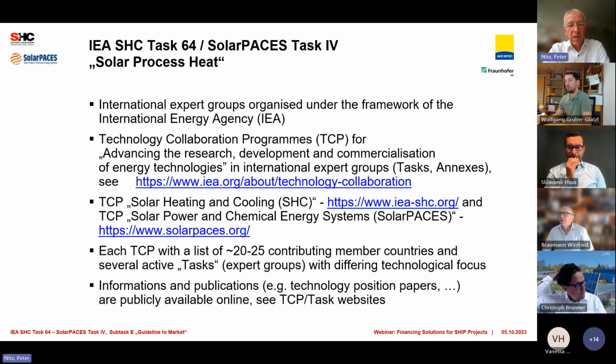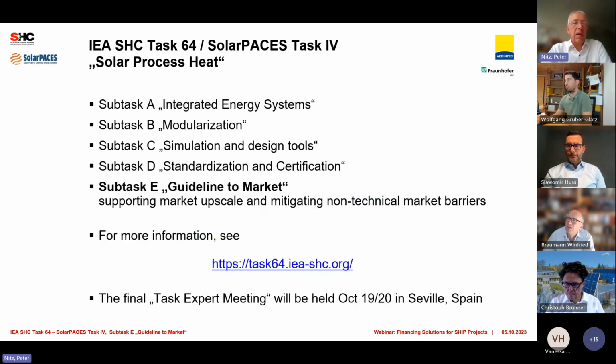A lot of information is publicly available online on the IEA SHC or SolarPACES websites and the respective task websites, both on the active tasks, but also on former tasks where a lot of very important work and international publications have been provided. In this joint task on solar process heat, we divided the work into 5 subtopics in subtasks A, B, C, D, and E. You can read the topics.